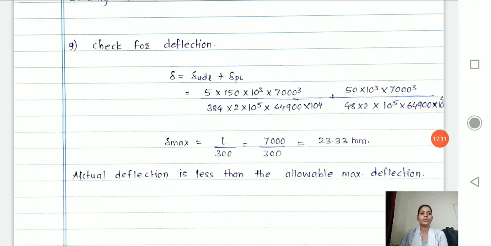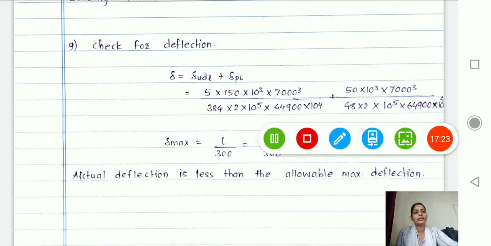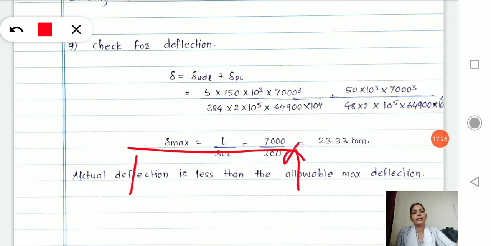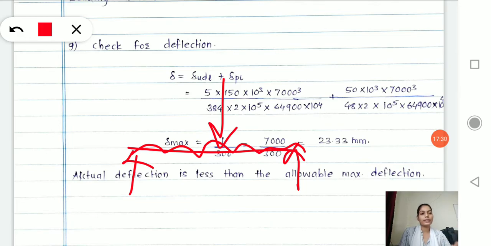To do so, there is only a formula we have to cross check with. The formula gives the deflection for a particular beam. Our beam was a simply supported beam, we were discussing a simply supported beam with UDL and point load. From structural analysis 1, we already understood how to calculate deflection, right? I am using that standard formula for the deflection over here, and we will cross check the deflection with the maximum limit.